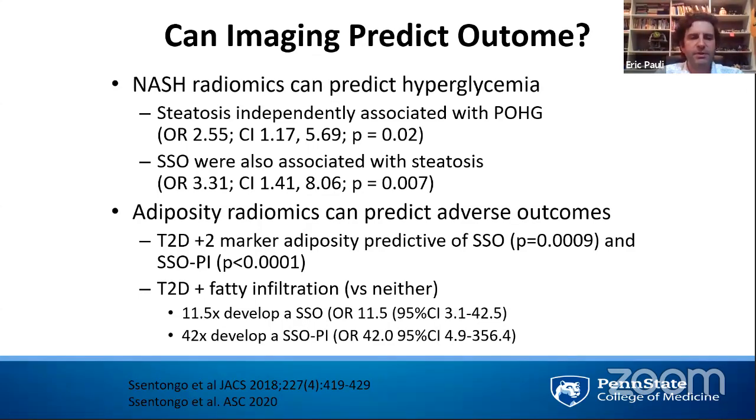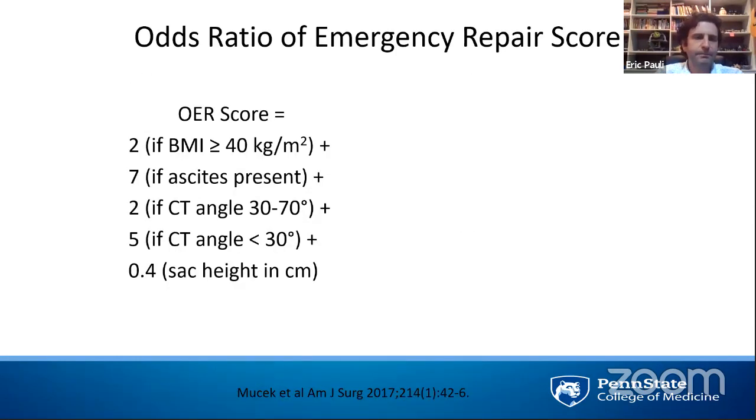If you are a type 2 diabetic and have two CT scan markers of obesity before your hernia surgery, you have a very statistically significant, high chance of having surgical site occurrences, many of which involve a procedural intervention. You're in fact 11.5 times more likely to develop an SSO than if not. And again, this now informs your discussion with the patient preoperatively.